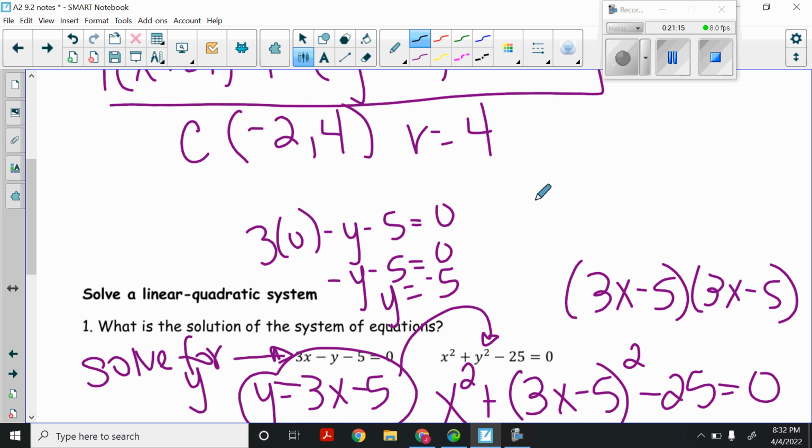So I'm looking at whether the point 0, negative 5 is on the circle. If I plug that in, I get 0 squared plus negative 5 squared, so 0 plus 25 minus 25 equals 0. So yes, that one works.